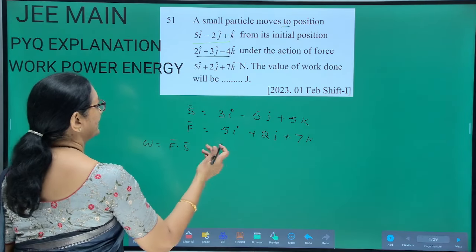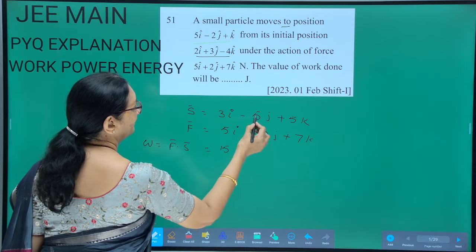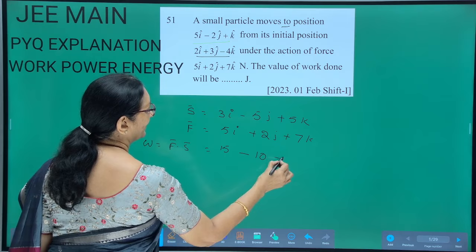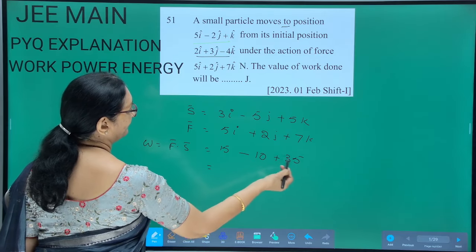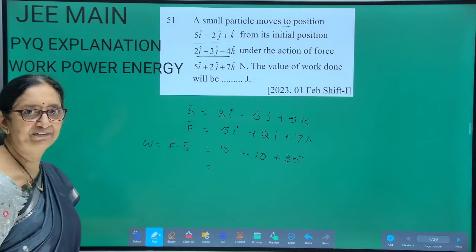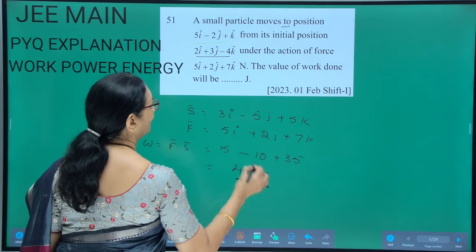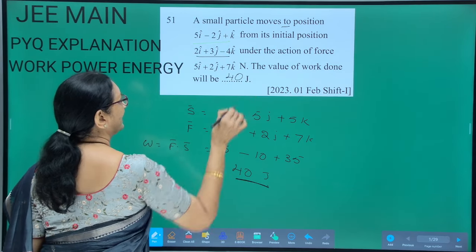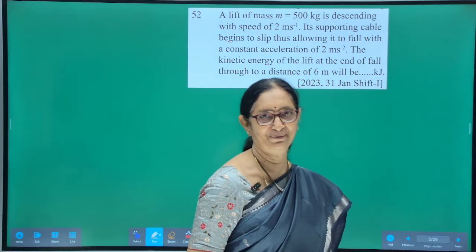So, what is the dot product? 15 minus 10 plus 35. 15 plus 35 is 50, 50 minus 10 is 40. So, the answer is 40 joules. That is a numerical problem.